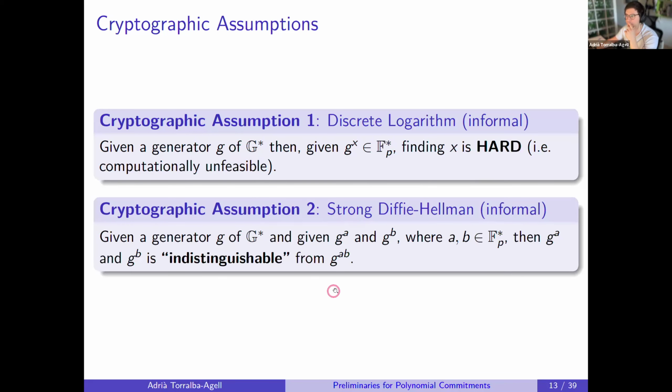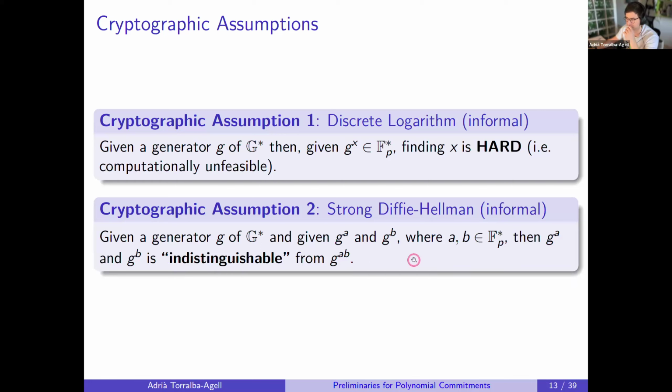The second cryptographic assumption we need is the strong Diffie-Hellman assumption, that again informally says that given a generator g of this G star group, and if we are given g to the a and g to the b, where a and b are elements on the field, then g to the a and g to the b are indistinguishable from g to the ab.